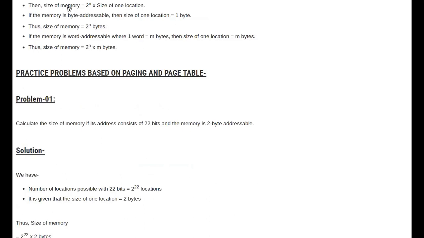Then size of the memory is equal to 2 raised to the power n multiplied by size of one location. If memory is byte addressable, then size of one location is equal to 1 byte. Thus, size of memory is equal to 2 raised to the power n bytes.